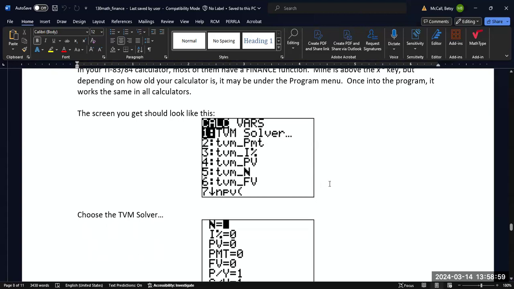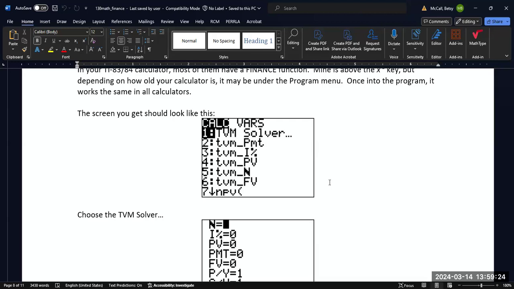It should be in there. Now, if you do have an older calculator that doesn't have it, you can, in some cases, download it either from another calculator or from the TI website, if your calculator has that functionality, or you have your connector cords to connect calculators together.